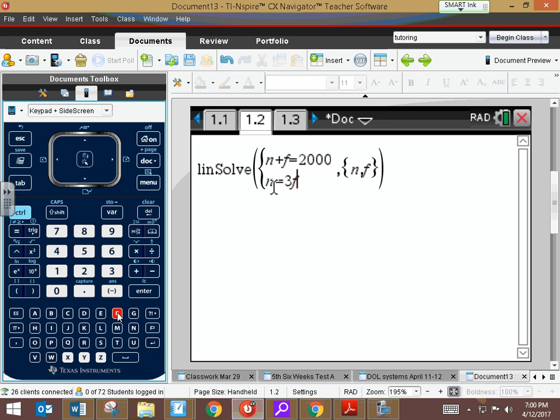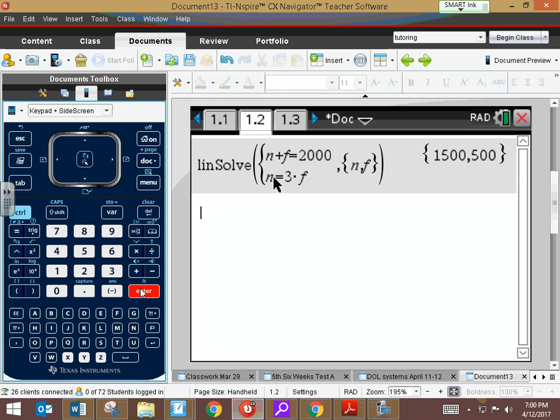And so if I press enter, then that's what I get. I get 1,500 for nonfiction, and I got 500 for the fiction, because that's the way I set it up right there. Okay.